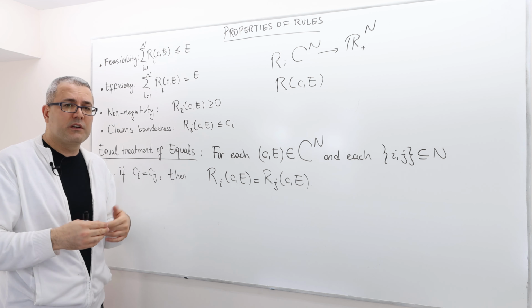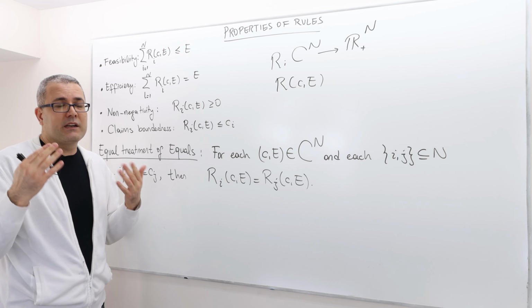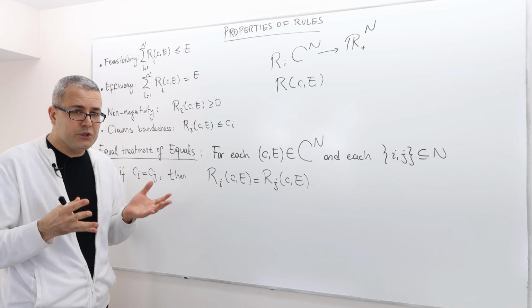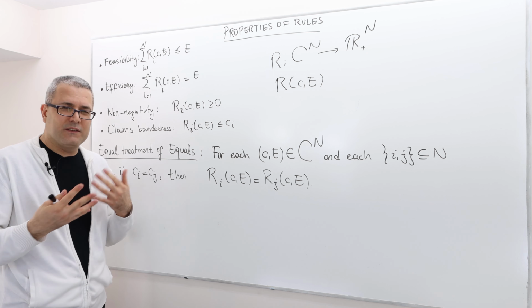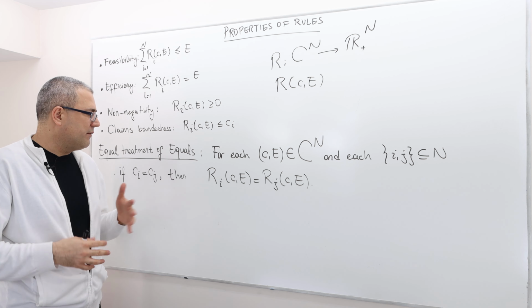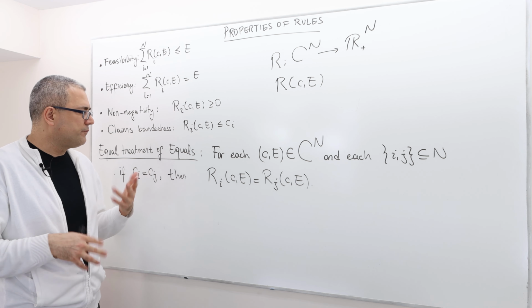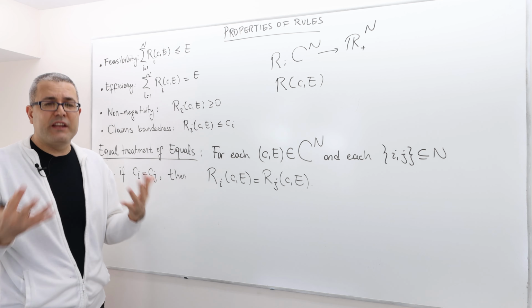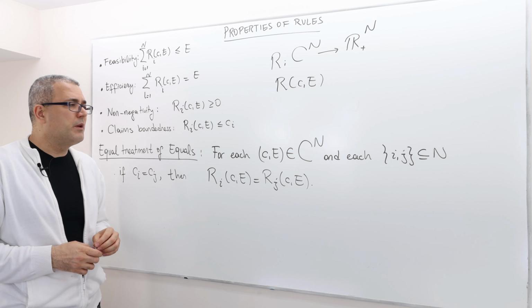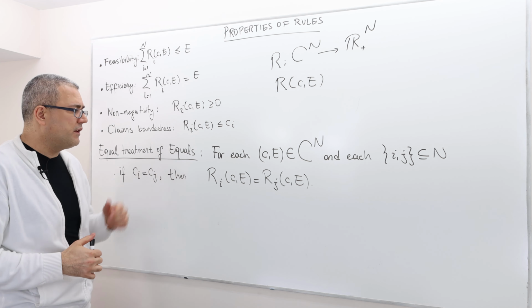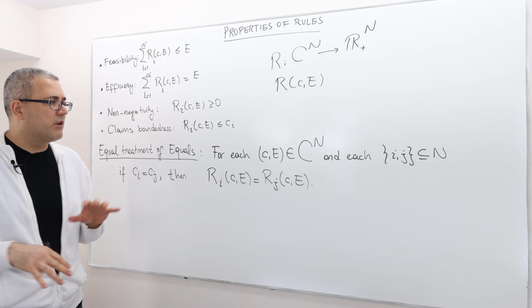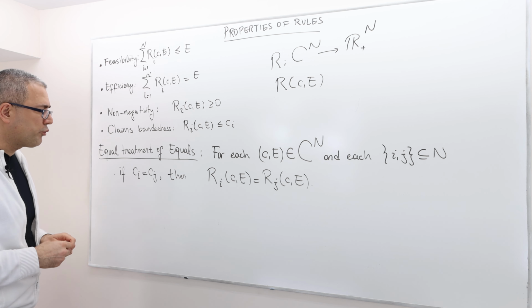Some account holders' claims must be fulfilled first, and then the remainder. This is what I mean. So, unfortunately, in many applications, people do not really care much about this. But in general, it's a very appealing property.